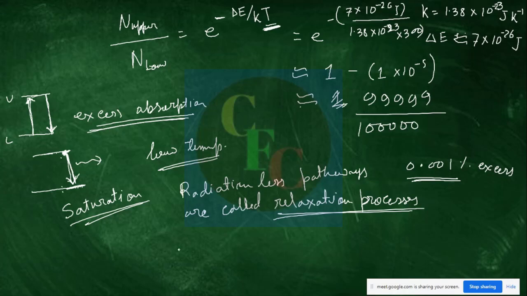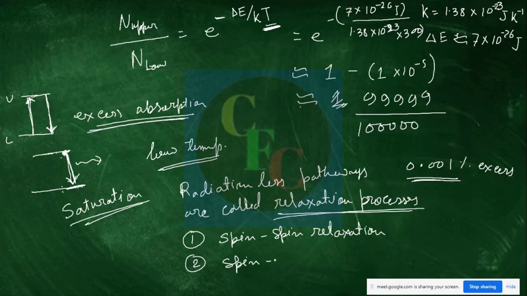Now these relaxation processes, as I said, we will not go into details. There are two types. One is spin-spin relaxation. Another is spin-lattice relaxation.